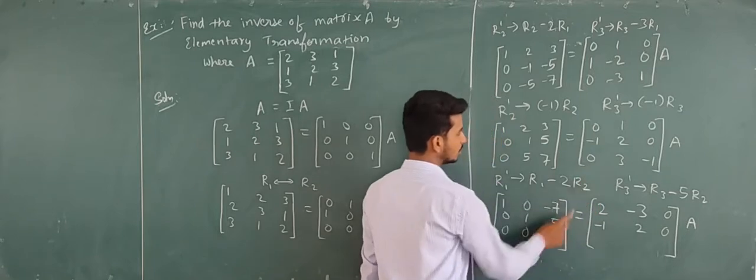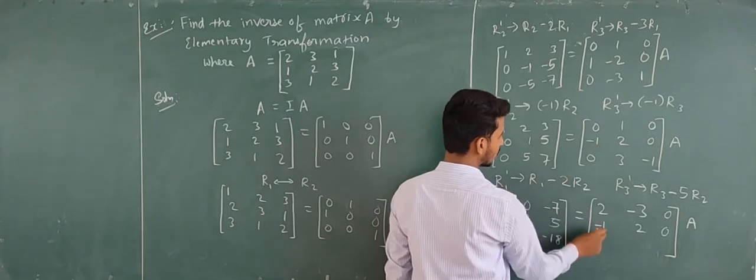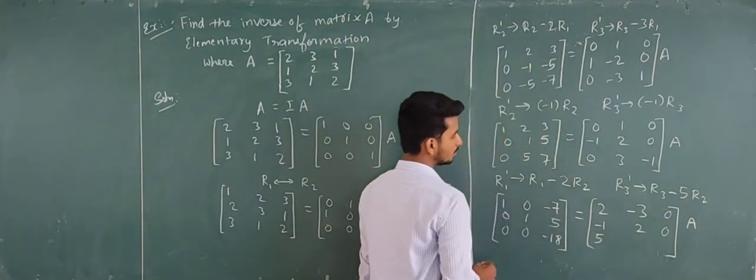Now 0 minus 5 into minus 1, that is plus 5.